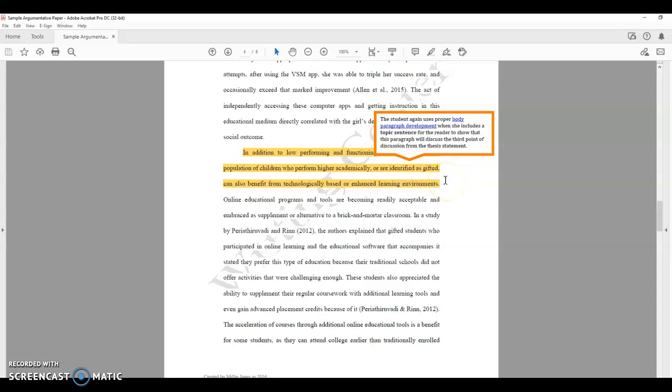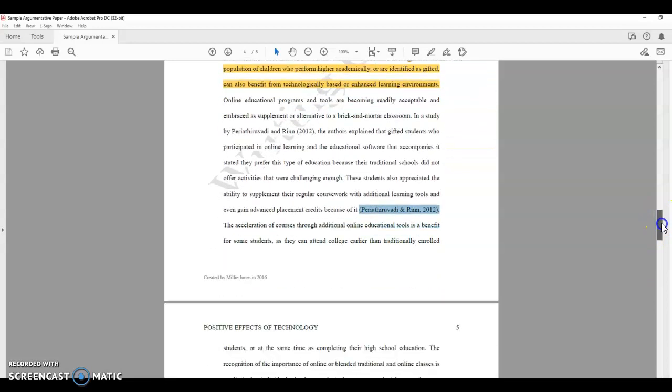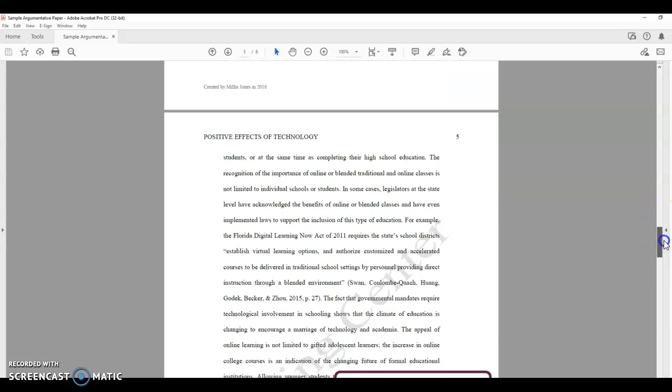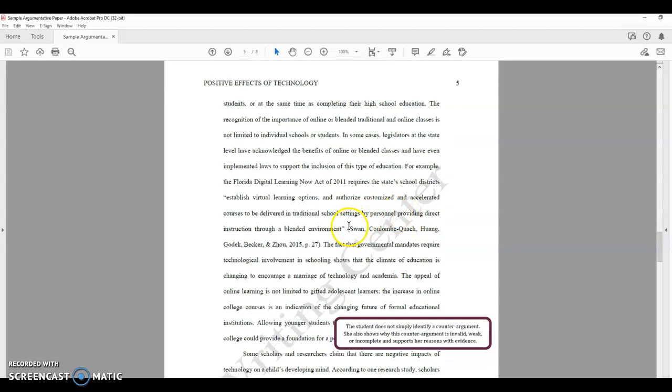It matches her third point from her thesis statement, and she develops this idea. We can see that she is integrating evidence to support her discussion. She has several pieces of evidence to support her discussion.